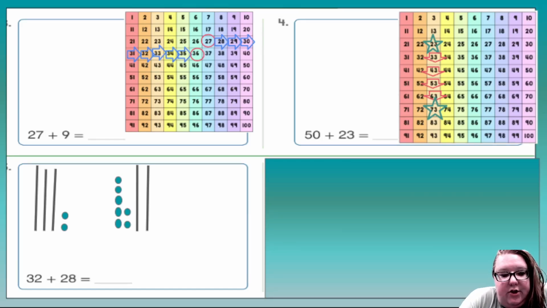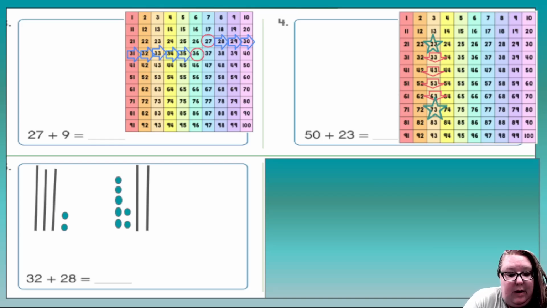All right, the third strategy we are going to use is adding multi-digit numbers using models. So a model is when you draw out the tens and ones. The lines equal 10 and the dots equal 1. And so as you can see here, we're representing 32 plus 28. There are 3 lines and 2 ones, and then there are 2 lines and 8 ones on the other side.